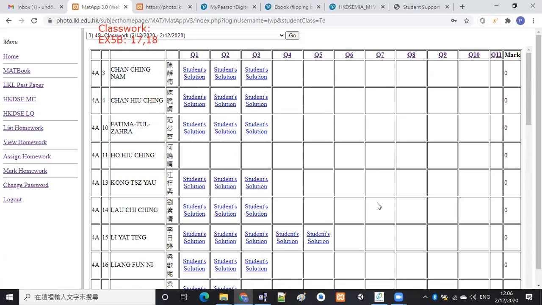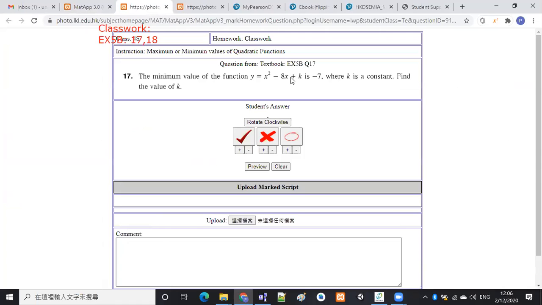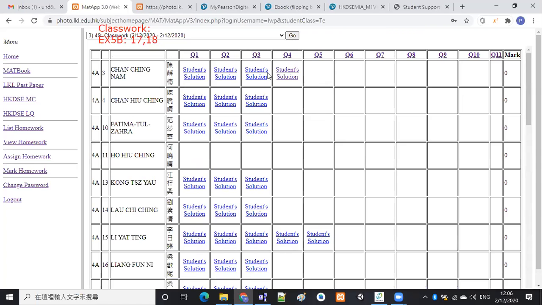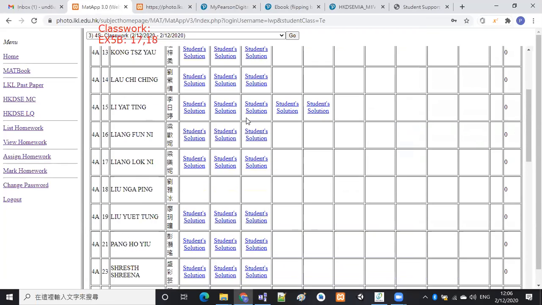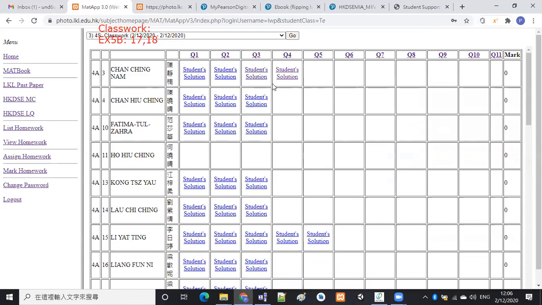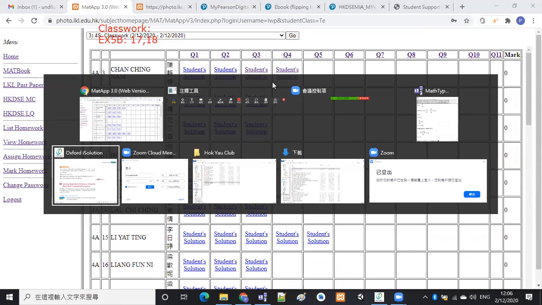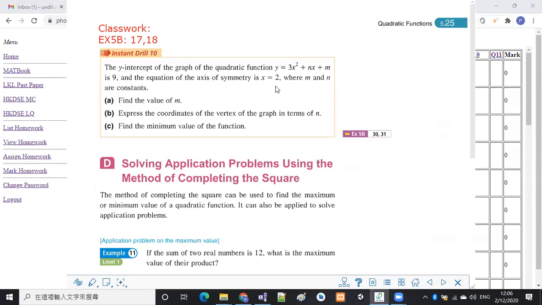Okay. So I think it's almost time. So today we have learned the method of completing square. Using the method of completing square to change the quadratic function from the ABC format to the AHK format.